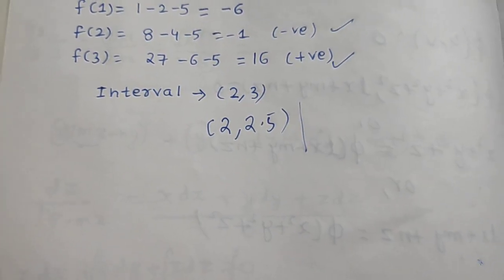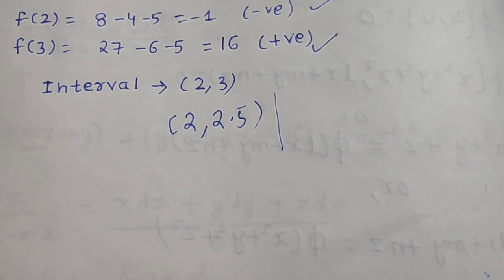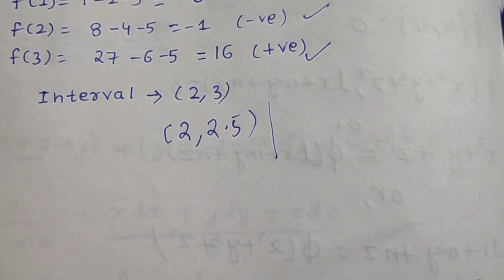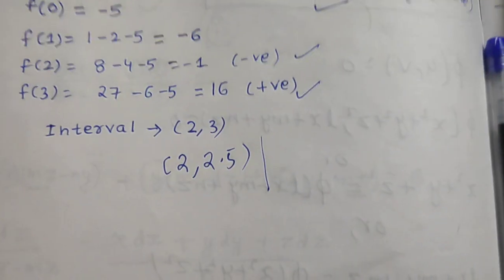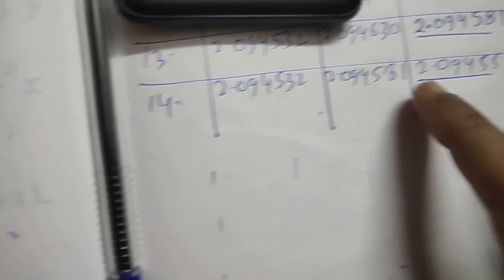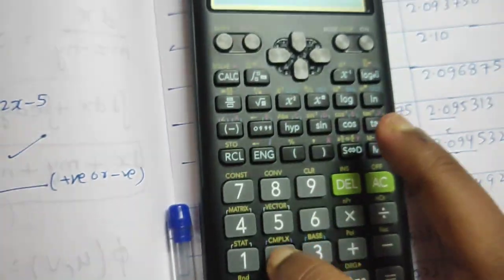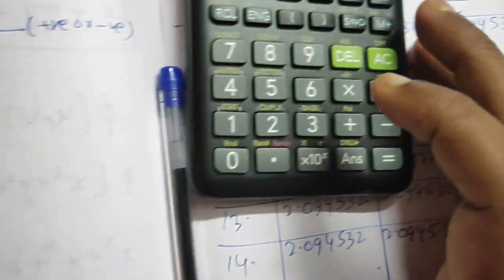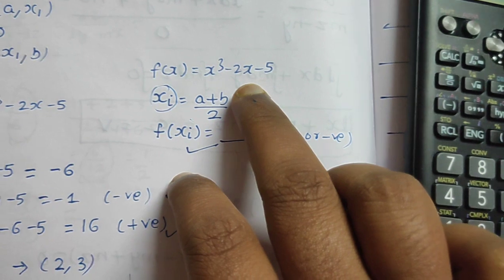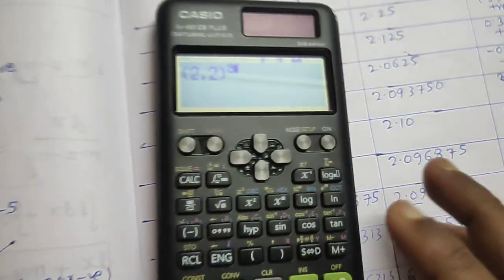let's check at 2.3. Let's check. Although I can see the root like this, so can I go for 2.2? Let's check for 2.2. So 2.2 power 3, and this is 2 into 2.2, that means 4.4, and minus 9.4, minus of 9.4.